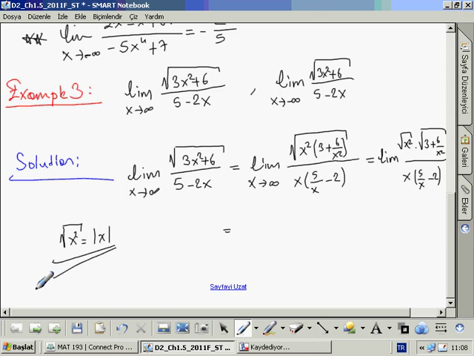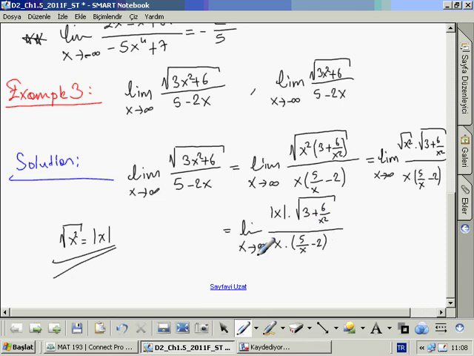Using this fact, the limit will be the limit as x goes to infinity of the absolute value of x times the square root of 3 plus 6 over x squared, over x times (5 over x minus 2).